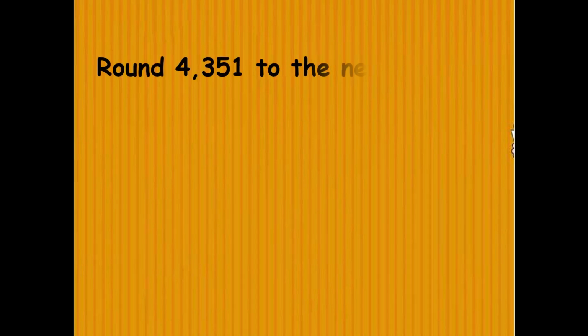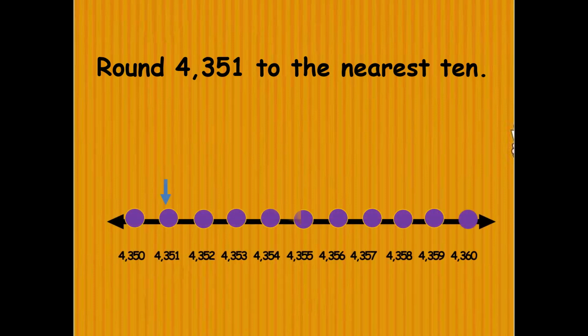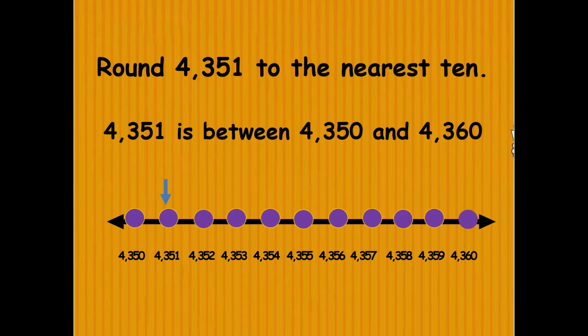This time, let's try rounding off numbers having 4 digits. Example, round 4,351 to the nearest 10. 4,351 using the number line is between 4,350 and 4,360. Digit 1 is in the ones place.